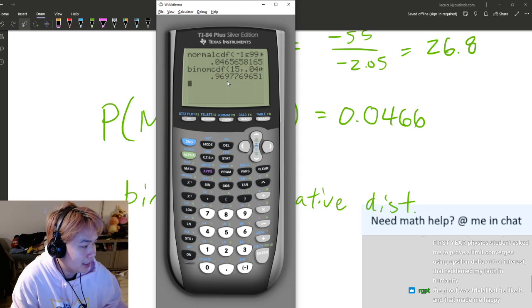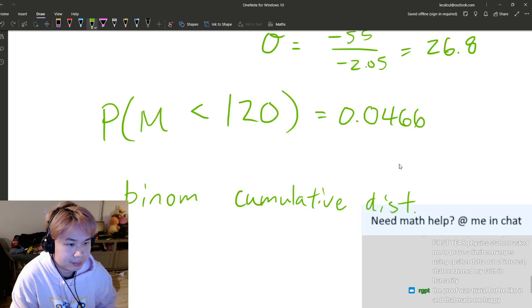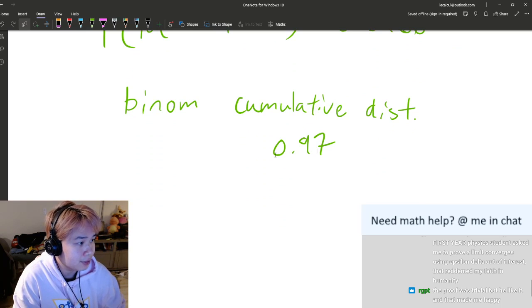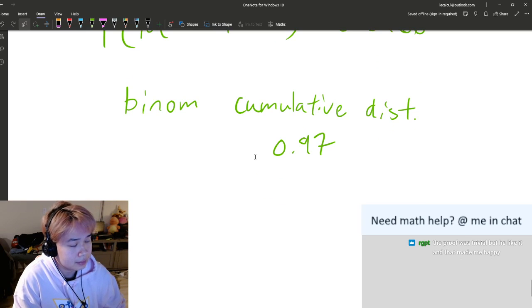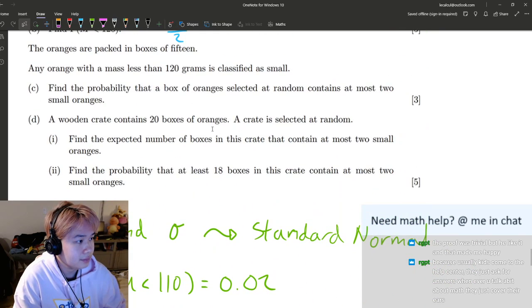Okay, so probability that you have at most 2 in a group of 15 is this. Actually, that's pretty high. So 0.9697, so 0.97. 97% chance you'll get at most 2 small oranges in a group of 15, if there's about a 5% chance of each orange being small. Okay, now we have a crate, and each crate has 20 boxes of oranges.